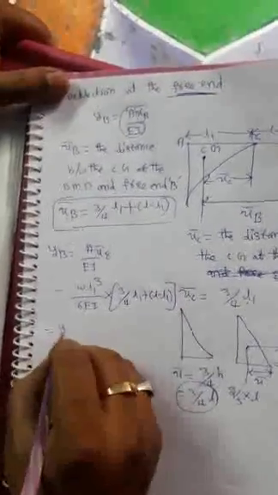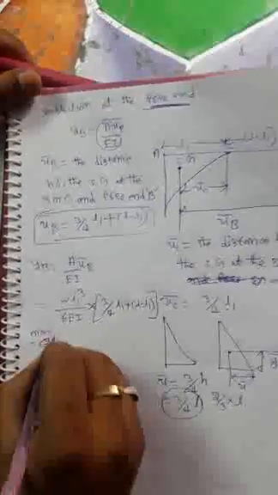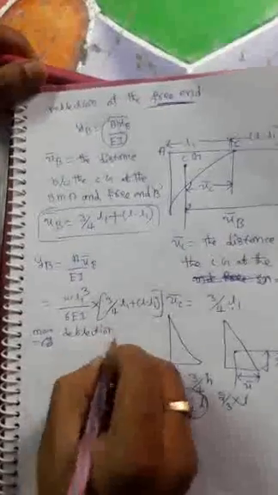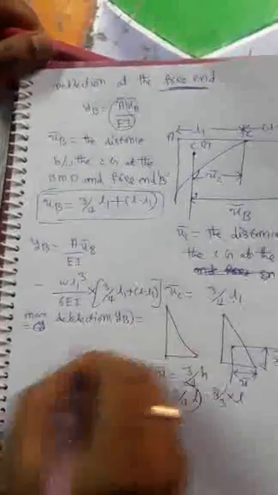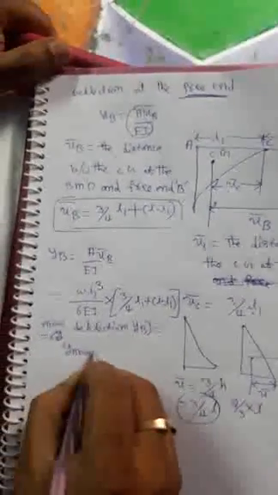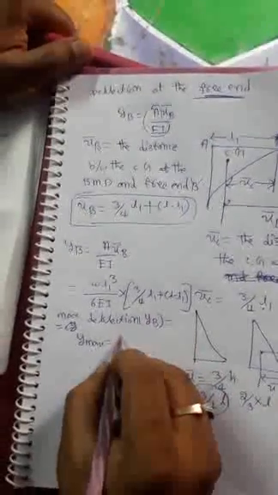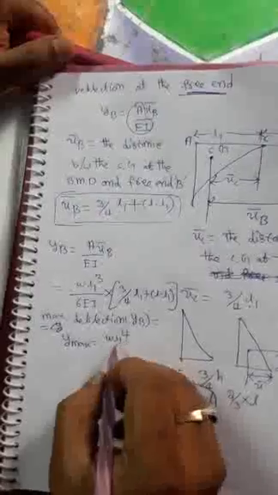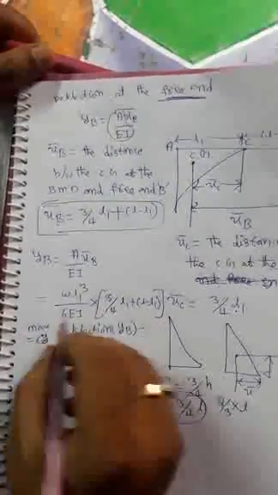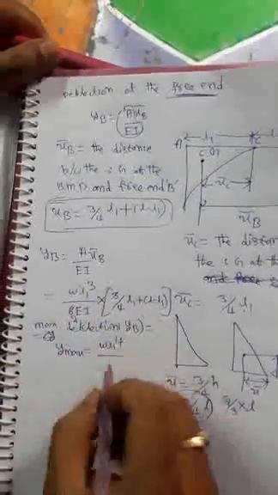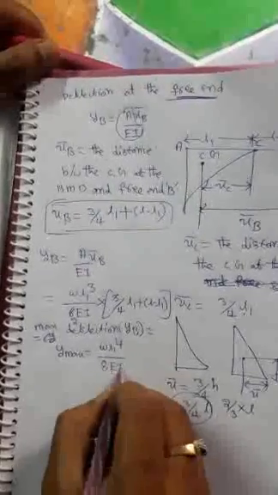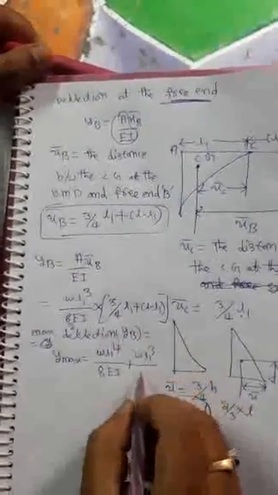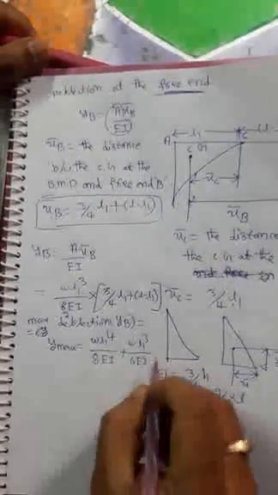So the maximum deflection, that is yB or y max, equal to, when we simplify the equation, we get WL1 power 4 by 8 EI plus WL1 cube by 6 EI into L minus L1.